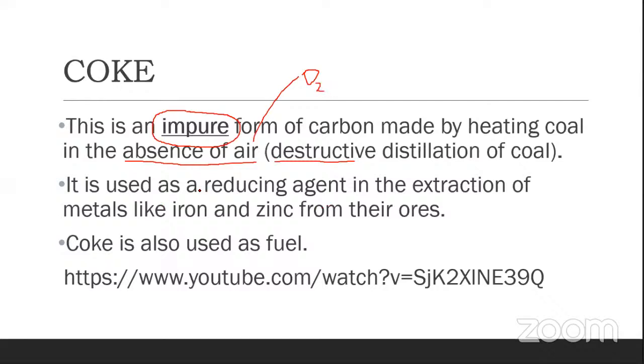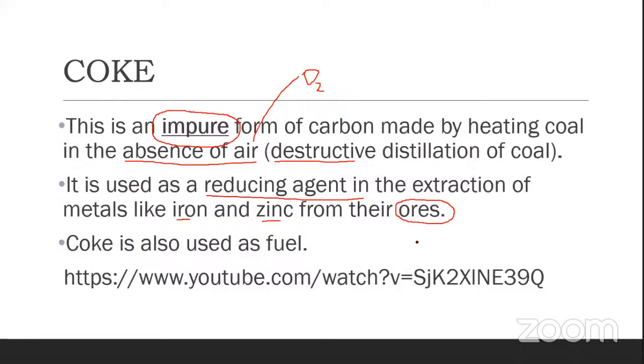Coke is used as a reducing agent in extraction of metals like iron and zinc from their ores. When we talk of ores, we mean those minerals or compounds that contain metallic elements. In this case, iron or zinc.